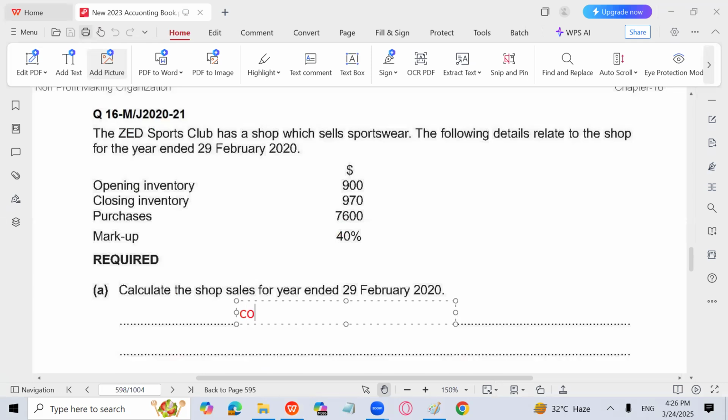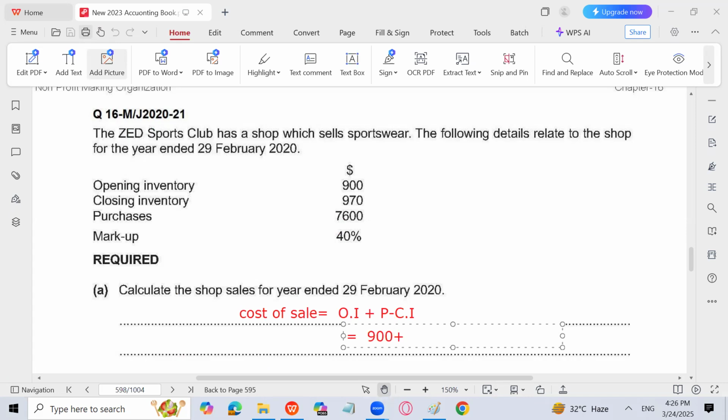We have to find the cost of sales first. And to find the cost of sales, we know that it is opening inventory plus purchases minus closing inventory. So let me write it down. Opening inventory is 900, yes.